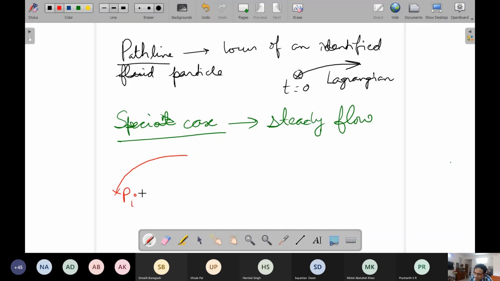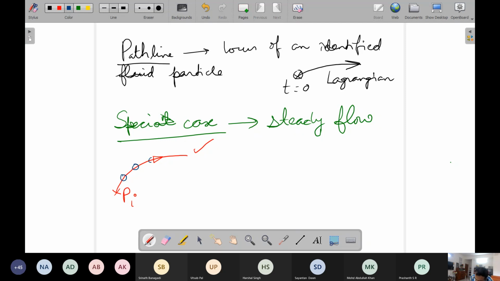At a given instant of time, this is an instantaneous streamline. If it is a steady flow, the velocity will not change with time, so this streamline will remain as it is. It will not change with time. And what is the hallmark of this line? So any fluid particle which was earlier here will be constrained to move along this only.